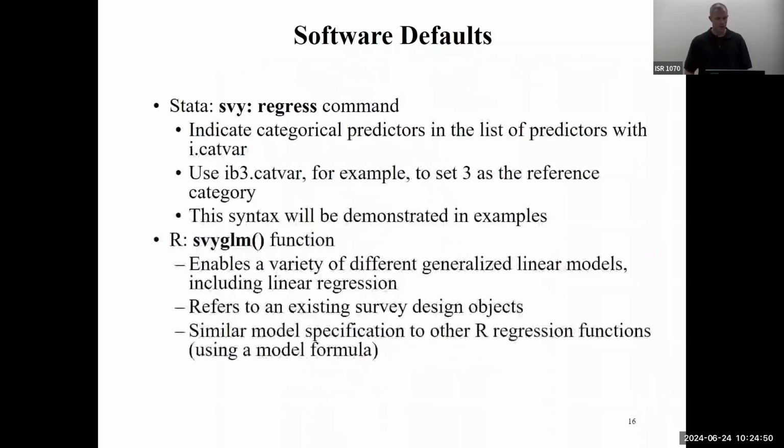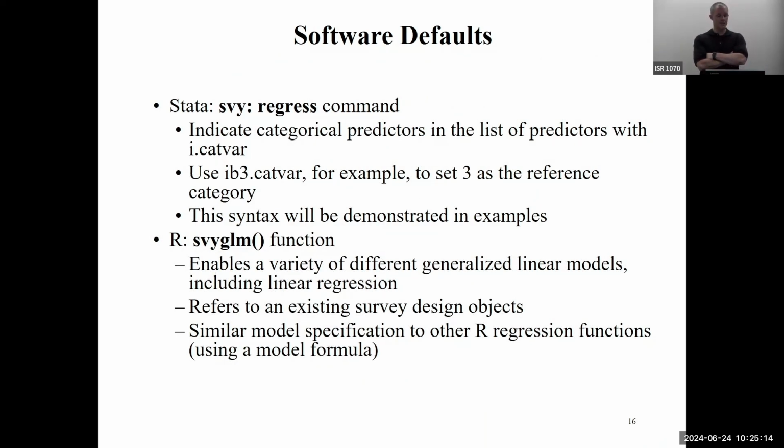Now, how are categorical variables handled in the different software that we're talking about? Again, this is where we just have to be careful in the way that we're specifying a model. In Stata, we're going to talk about using the regress command. That's the command that we're going to use in Stata to fit linear regression models to continuous dependent variables.